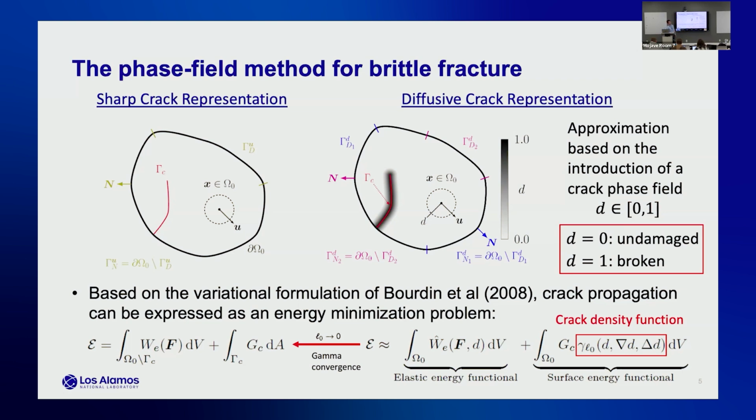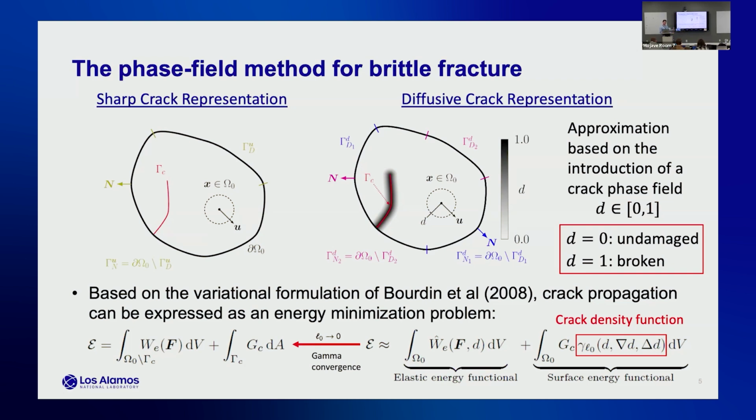So in the phase field method, we use a volume integral, shown on the bottom right, to approximate this surface integral. As this length scale goes to 0, the energy on the bottom right will gamma converge to the energy on the left, which is a sharp crack representation. And this is the beauty of the phase field method for fractures.